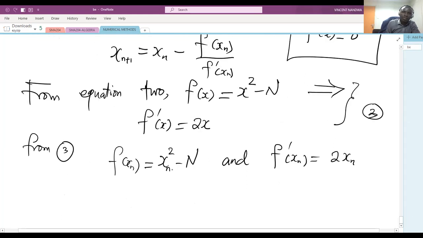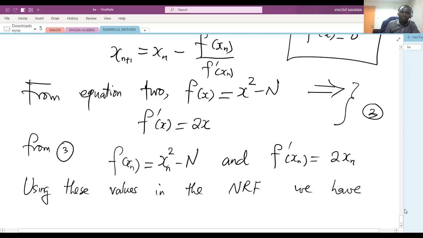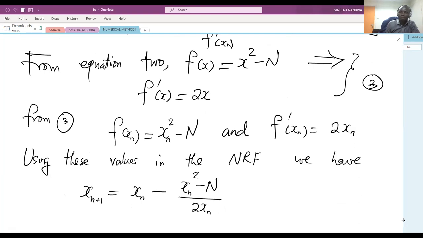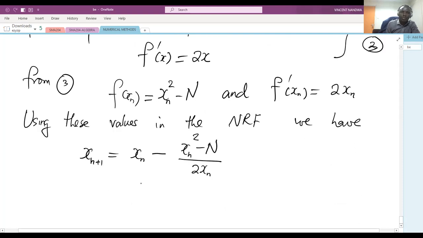So using these values in the Newton-Raphson formula, we have xn plus 1 equals xn minus, where there's f of x we put xn squared minus n, and for the derivative we put 2xn. Simplifying, the LCM is 2xn.